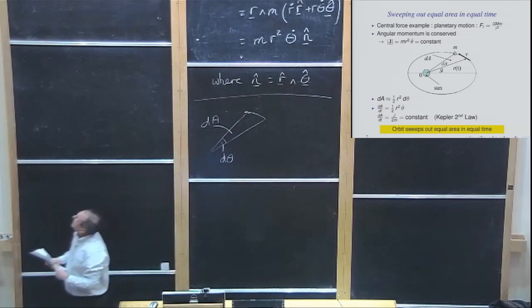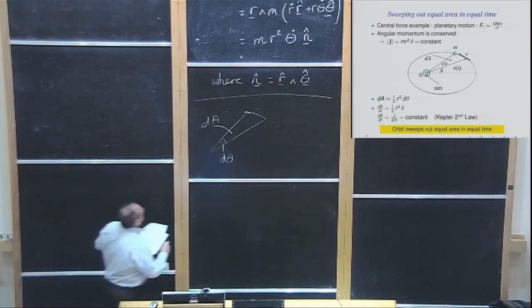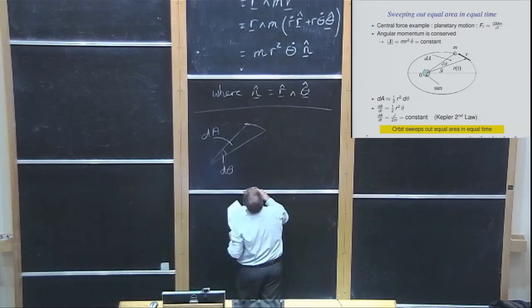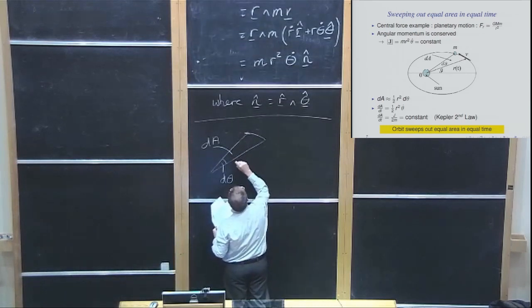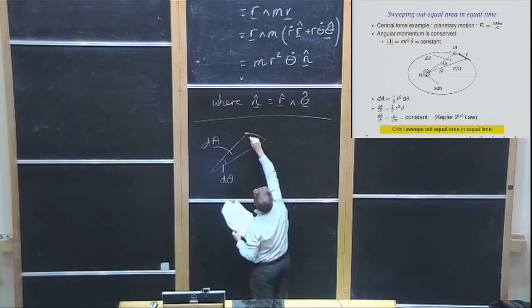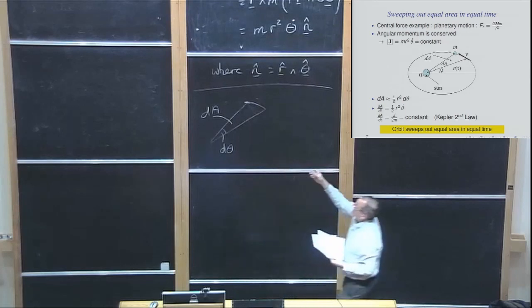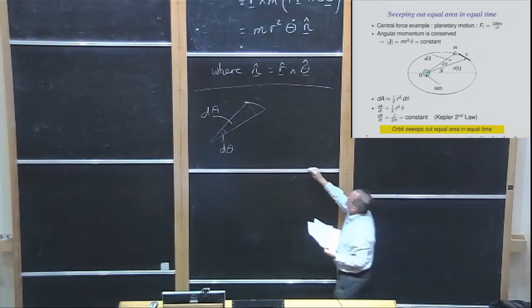Okay. So we can ask ourselves, well, what is this area dA? Through geometry, we can presumably evaluate this. So this is a triangle. Now, let me remind you of a slight subtlety in this argument and the wonders of calculus.